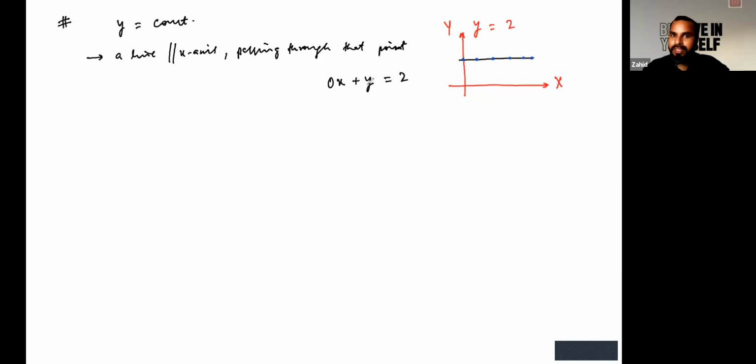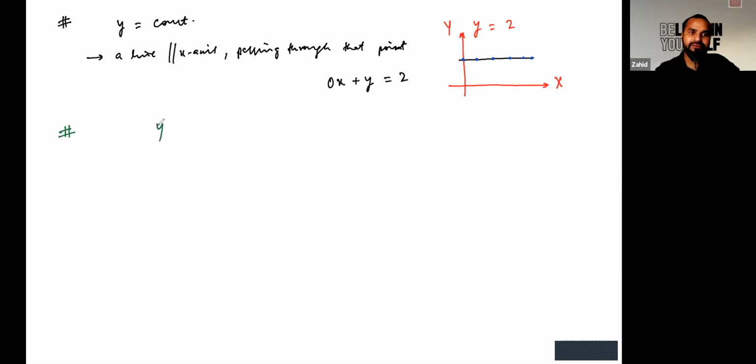So the value of y would remain the same, which is equal to 2. So we got a straight line passing through that particular coordinate and parallel to the x-axis. So this is the first expression.